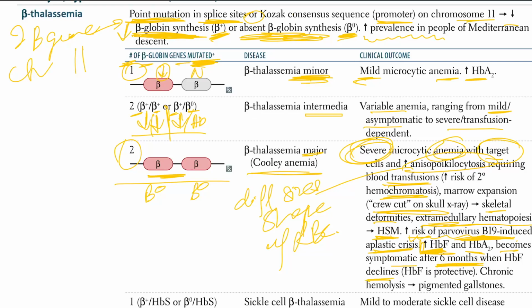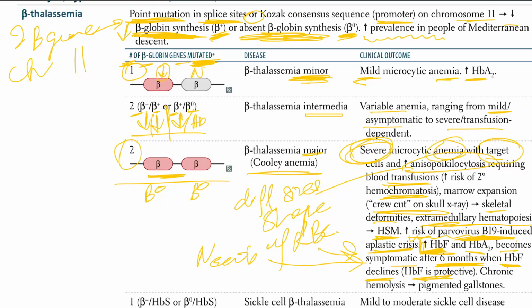Basically, a newborn would not show any symptoms, but after 6 months they start showing symptoms because you will have a drop in HbF. And HbF is protective because HbF is working pretty well.